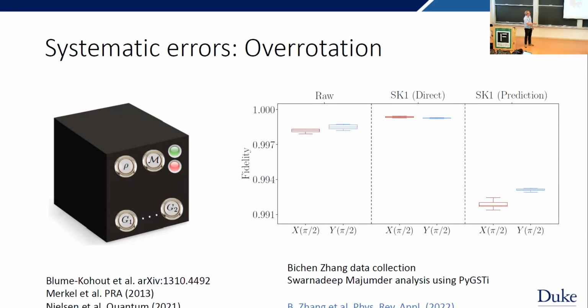When we apply these composite pulses, you see that the fidelity both goes up and the variance goes way down, right? So we do get better gates. If you take the output of what gate set tomography thinks these gates are, and you ask if SK1 works, the answer is no. The predicted value is it's not going to help you out.